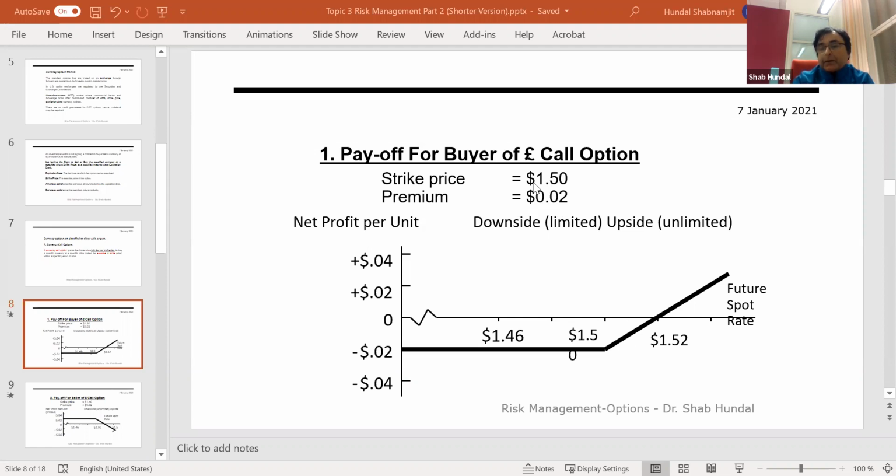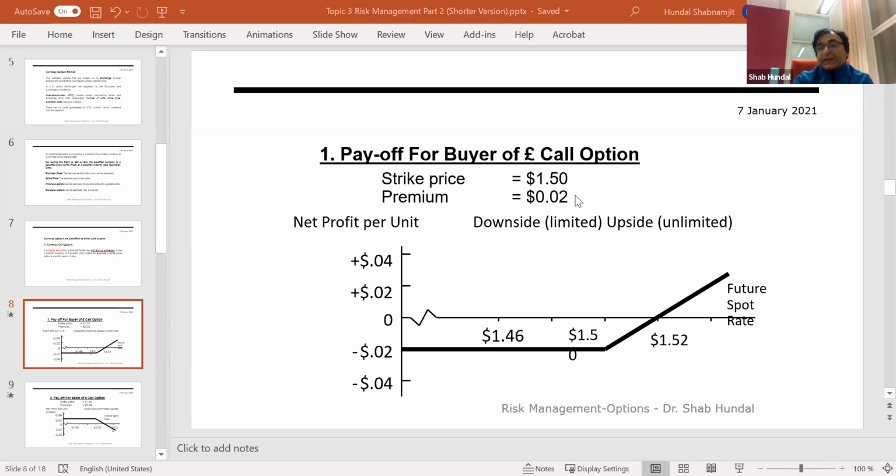I repeat, when you exercise the option at 1.50, then you also add the cost of the premium. So it means 1 pound overall costs you $1.52. But when you don't exercise the option, then you are paying 1.51 for 1 pound plus 2 cents, which is non-refundable in the beginning. That money will never come back to you. So 1.51 plus 2 cents, $1.53 for 1 British pound.